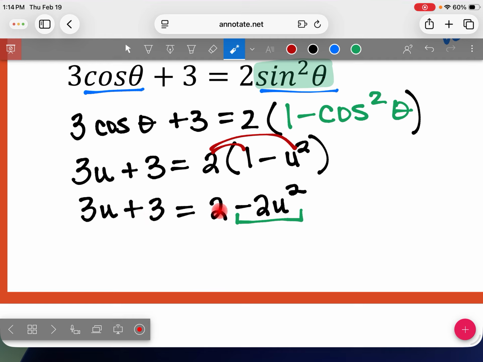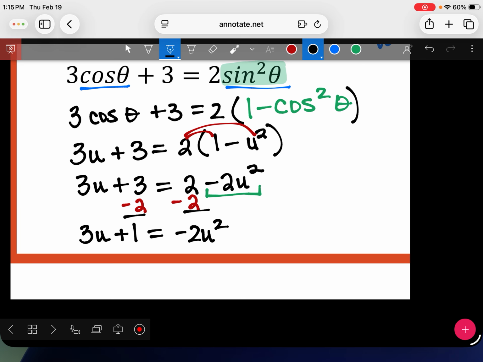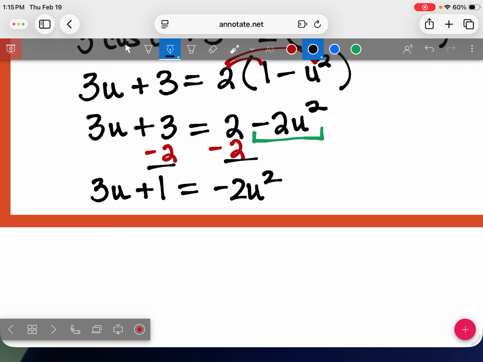All right, so I'm going to subtract 2 from its like term. And then, how do I bring that negative 2u squared over? Add it. So now we have a factorable situation. Go ahead and factor that down. Factor it and solve it.